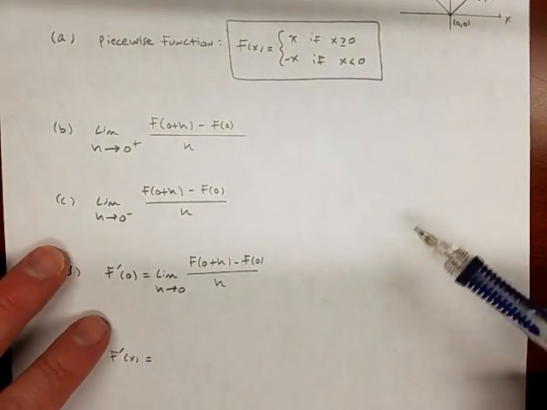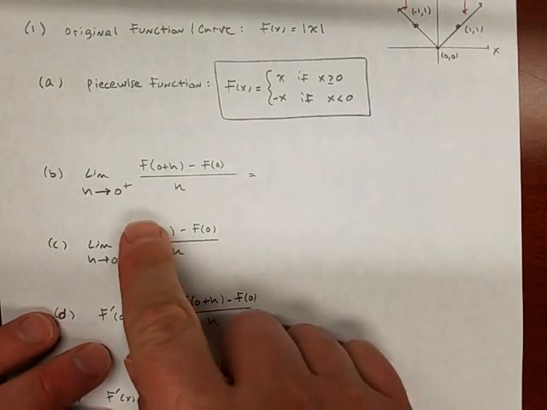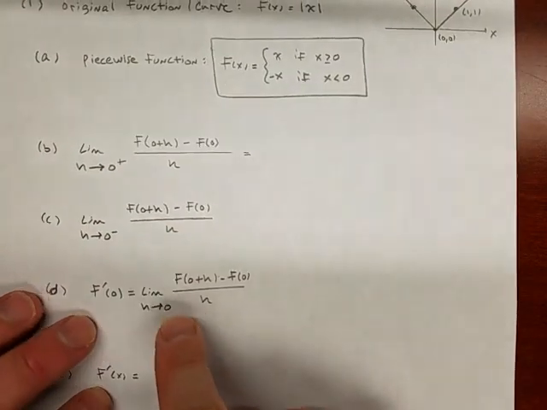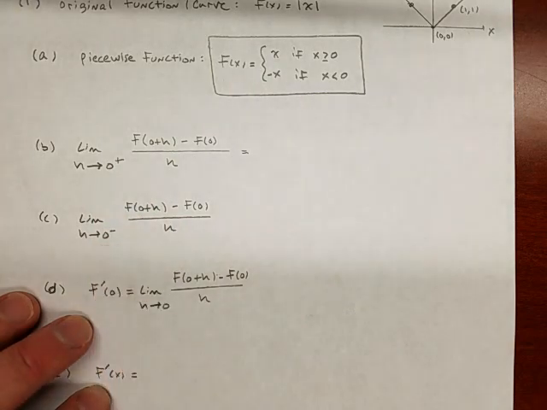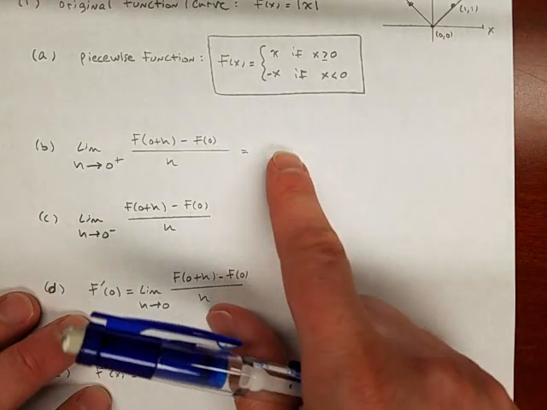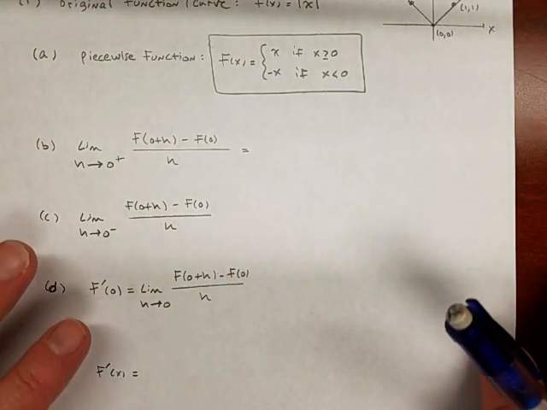Okay, so here goes. In order to do that limit, I need to do one from the right and one from the left. If those are different, that means this limit doesn't have an answer.